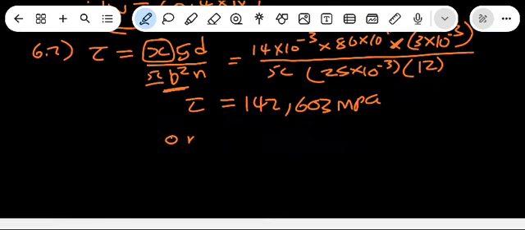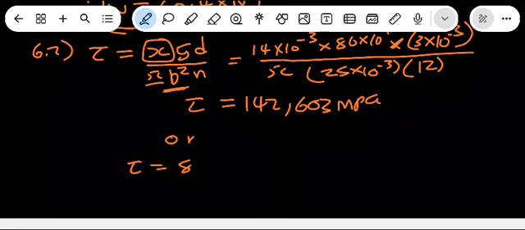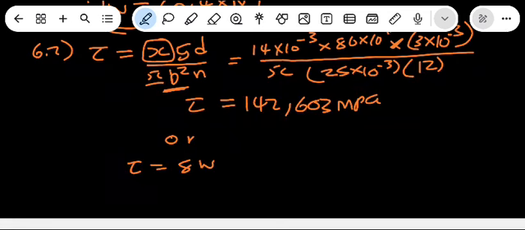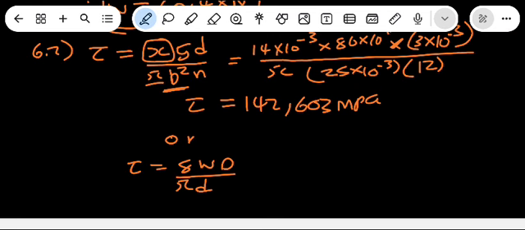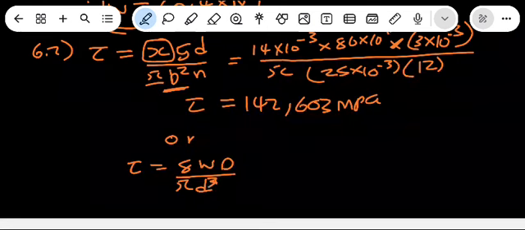Remember, there are multiple equations. Someone can use this one that says shear stress is 8 W D divided by pi d cubed, with the weight you've calculated, the mean diameter multiplied by pi, and the wire diameter raised to the power of 3. You can use this formula and you'll obtain the same answer.